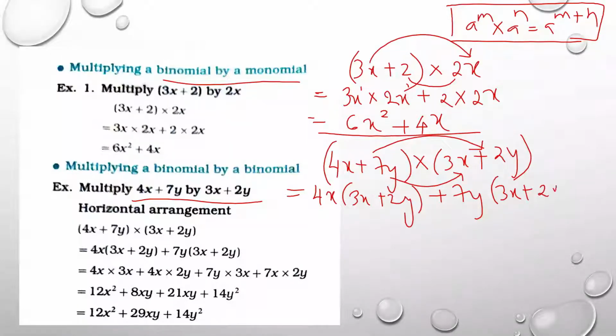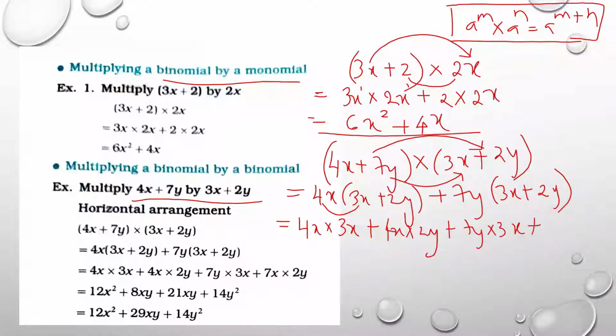Now solve. Open the bracket. 4x you have to multiply with 3x, 4x with 2y, plus 7y with 3x, plus 7y with 2y.